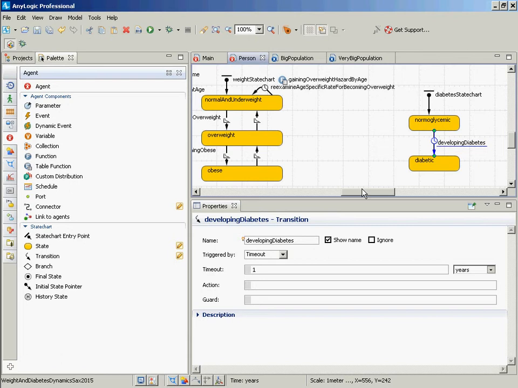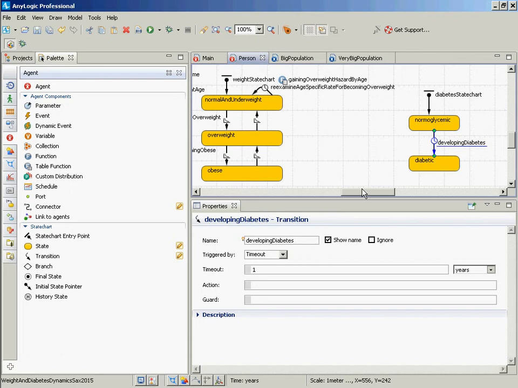So instead, we're going to tie them together. We're going to want this developing diabetes to be a hazard, a chance per year that depends on their weight status. How are we going to do that? How could we make their chance of going from a normal glycemic state to a diabetic state on a per year basis depend on the state that they're in of this weight state chart?